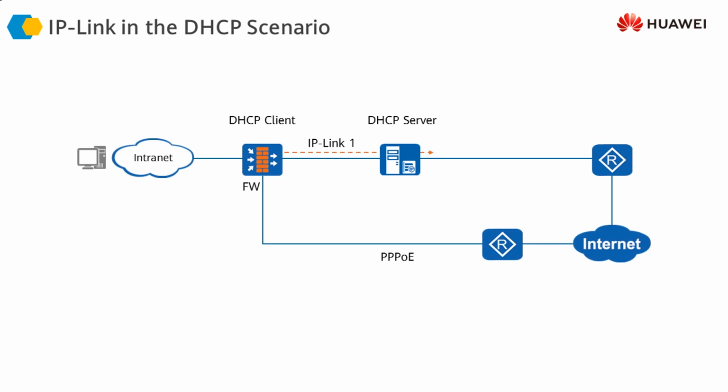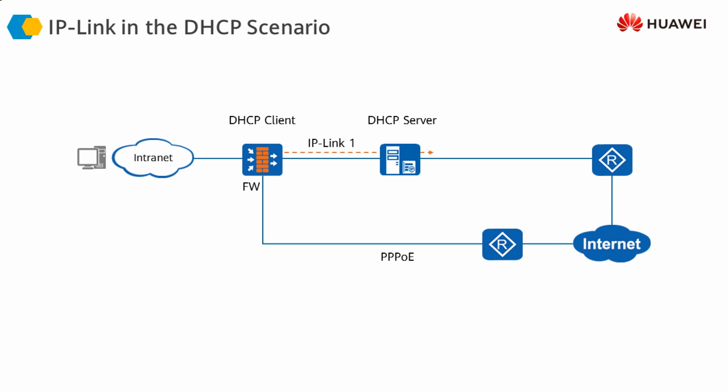In the DHCP scenario, you can see that the firewall is forwarding traffic through this path, and there is a DHCP server from which the firewall receives the IP address of the gateway router.